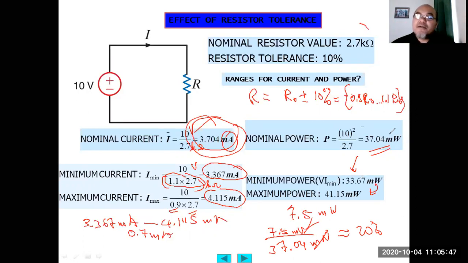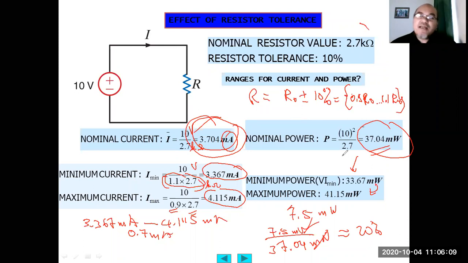If the nominal power is 37.04 milliwatt, the actual power due to the resistor tolerance of 10% is 90% of this 37.04 milliwatt until 110% of 37.04 milliwatt.